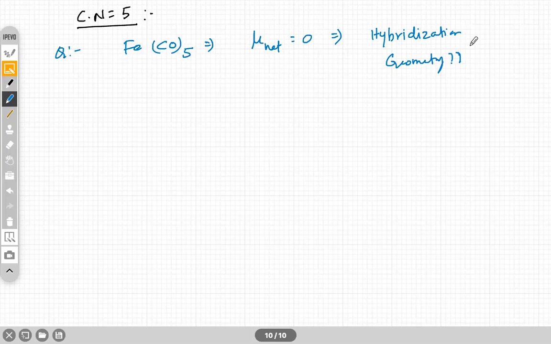Sir, the coordination number is 5 on top of Fe? Yes, this is the complex. Coordination number is always defined for the metal. Yes, sir. So what's the charge of the complex? Nothing. 0.